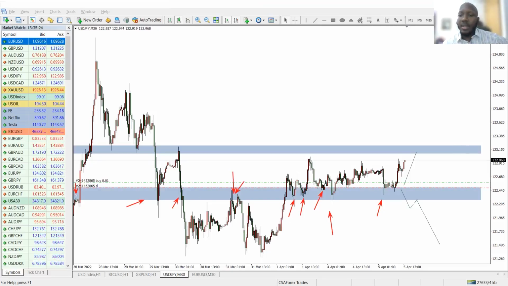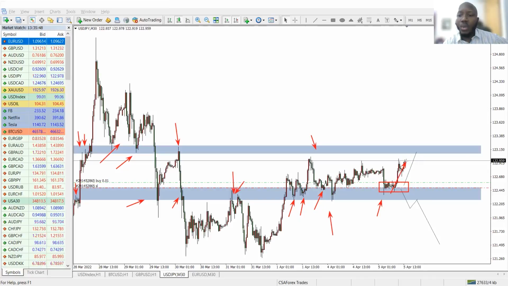A flip zone is an area that acts as support and resistance at the same time, just like we have here: resistance, resistance, support, support, resistance, resistance. And you can see I was privileged to get my entry when it came back to this area today. Today obviously is the 5th of April 2022. As it came here, I was able to get an entry long, and then it pushed higher.